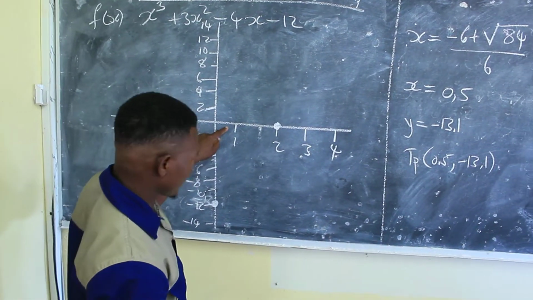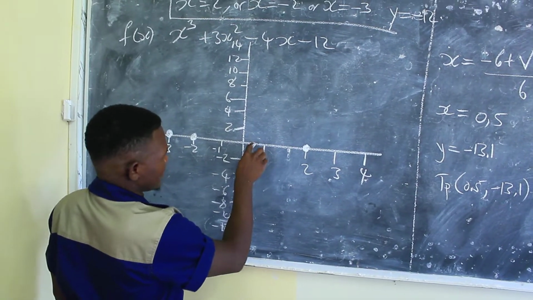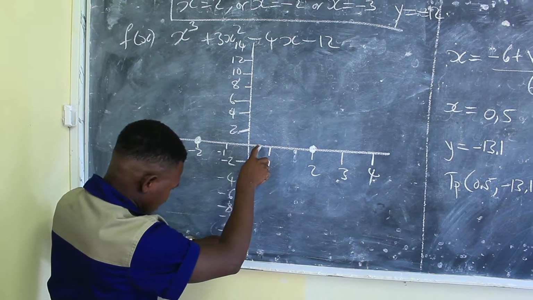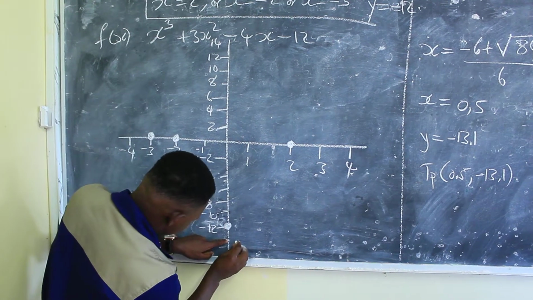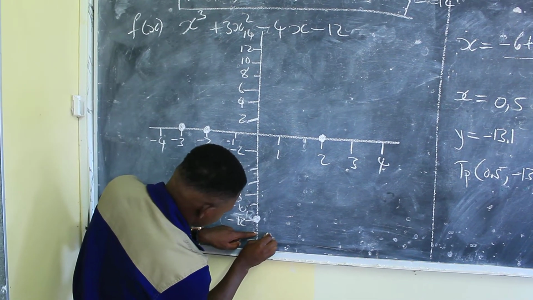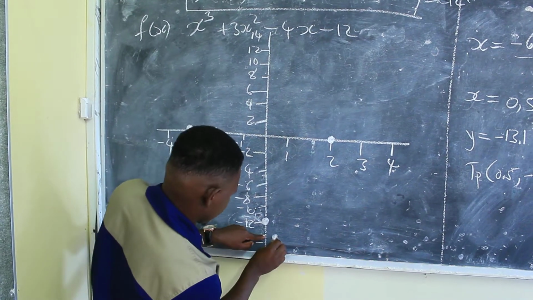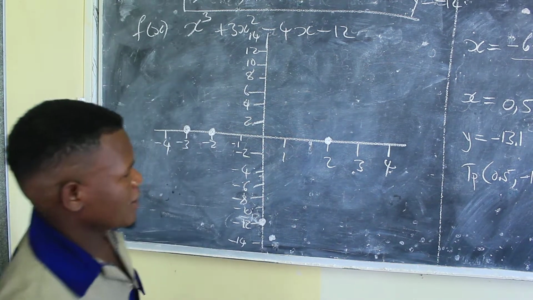Okay, 0.5 will be somewhere there, and y is negative 13.1. So 13 will be somewhere in the middle here, but plus 1. That means it's somewhere here, not to scale, and be somewhere there. Okay?